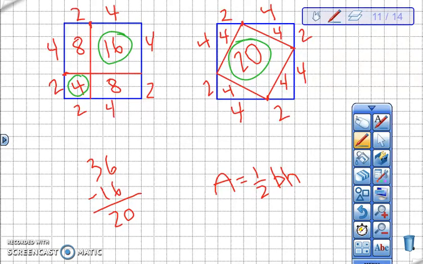Well, if that's the case, what if instead of using numbers, we had used some variables? Right? So instead of 2 and 4, let's call all the 2's A. Let's call all the 4's B. So there's A. There's B. There's B. There's A. And let's do the same thing going around.